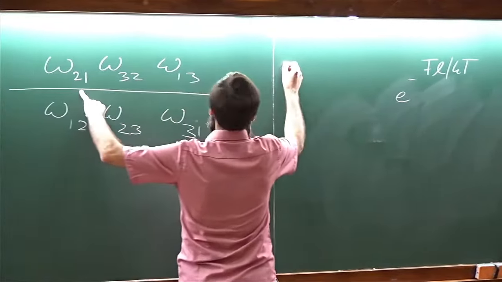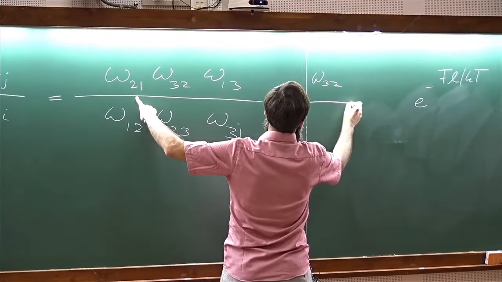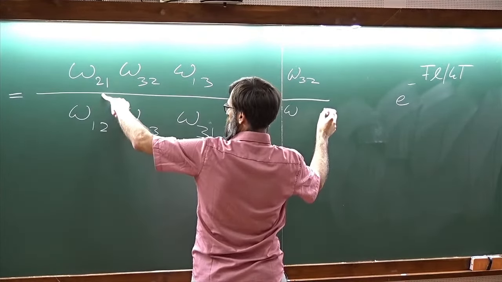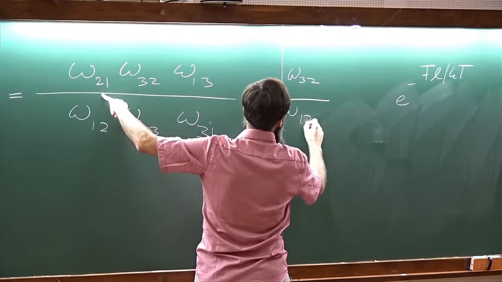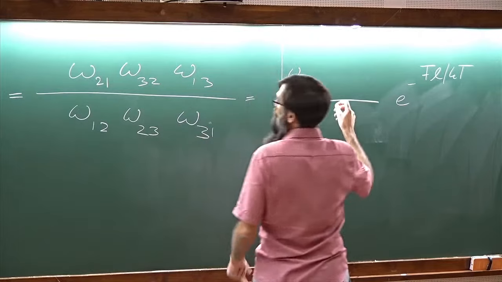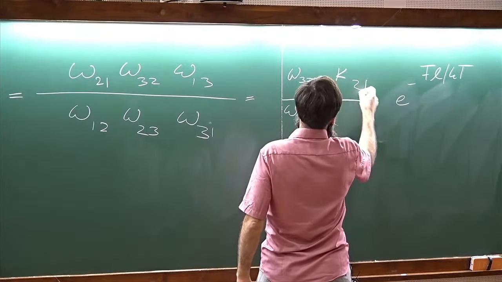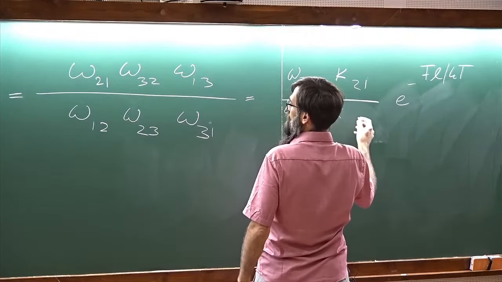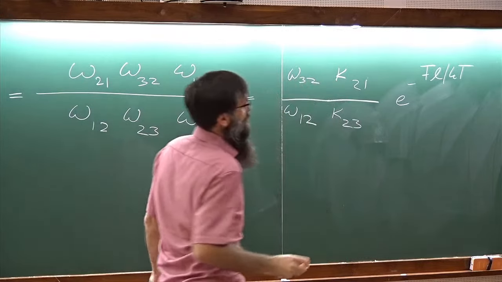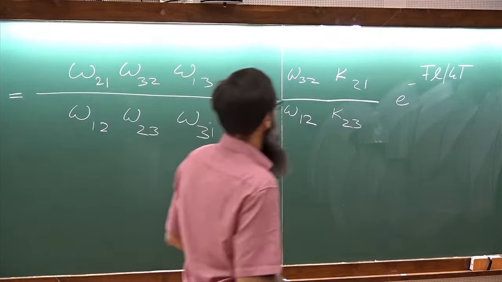So what is left is the omega 3,2 divided by omega 1,2. And then for the other two, omega 2,1, I get a kappa 1,2, and here I get a kappa 3,2. Okay, so that's what we have, and now my space is not big enough.